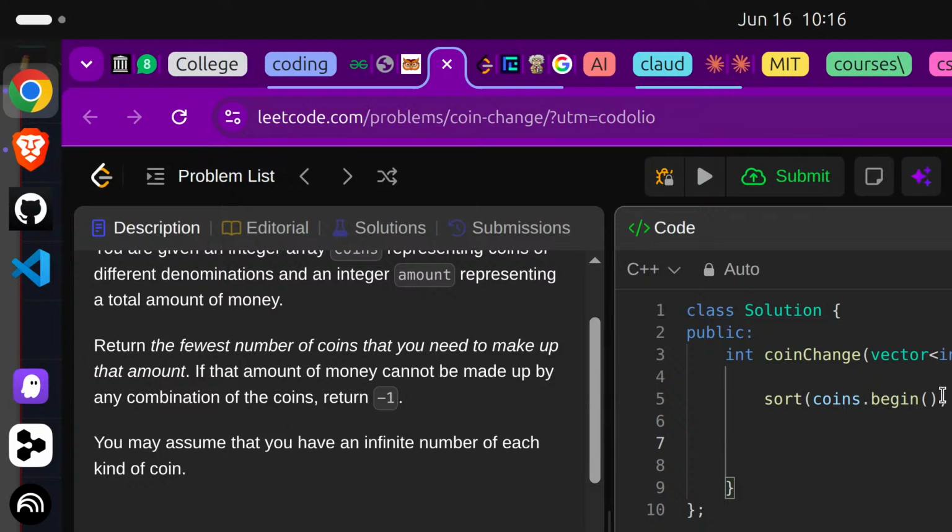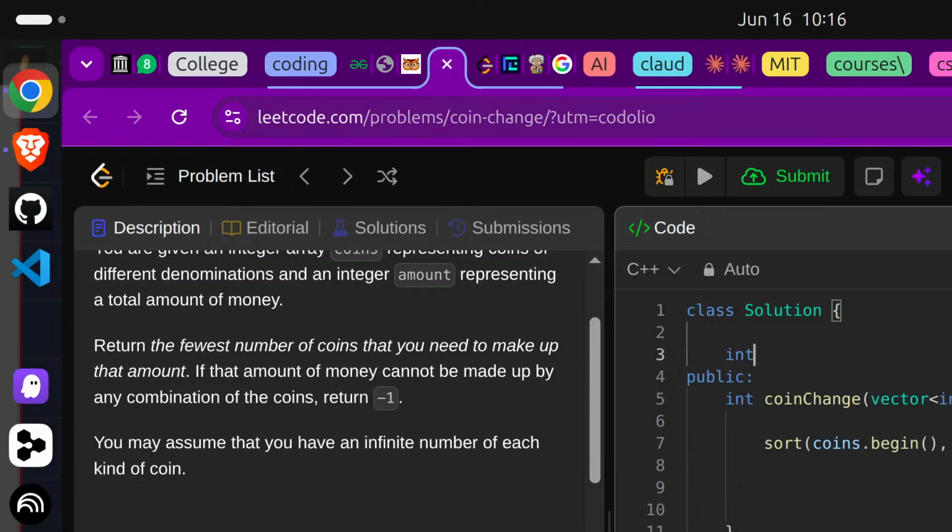We have a function of recursion, an integer function. It will take the coins array, vector int coins, then the amount we are targeting, and also what index we are on.